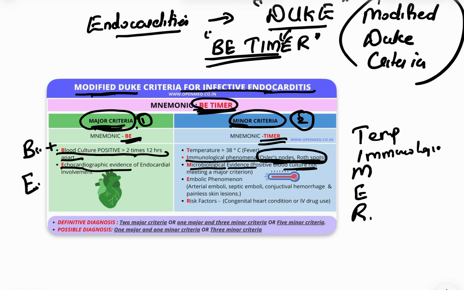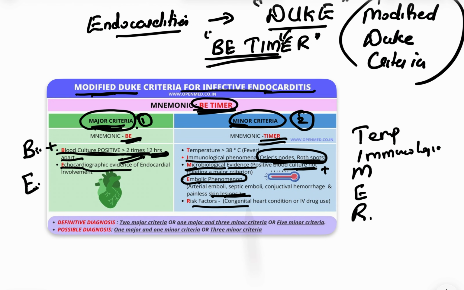But this positive blood culture is not the same as in the major criteria. In the major criteria, the patient should have a positive blood culture more than 2 times in 12 hours. But if the patient has only one positive blood culture result, it comes under minor. Then E is embolic phenomena, the presence of emboli or painless skin lesions.